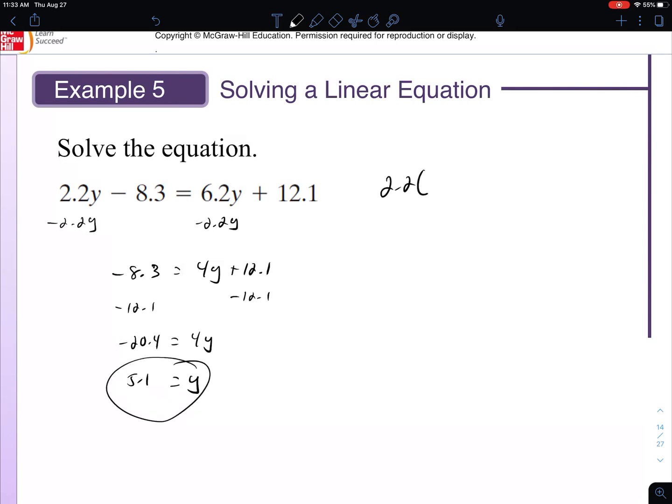And so I'm going to go ahead and test it, right? 5.1 minus 8.3 is equal to 6.2, 5.1 plus 12.1. So 2.2 times 5.1 will give us 11.22. And then 6.2 times 5.1 will give us 31.62.